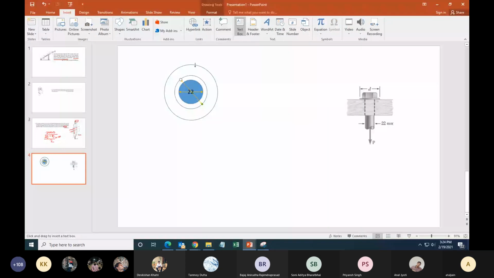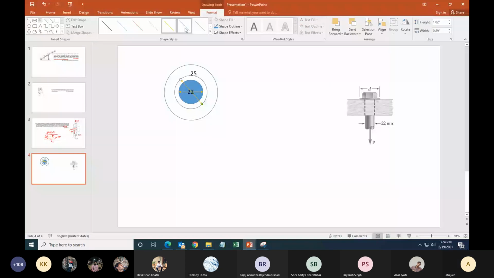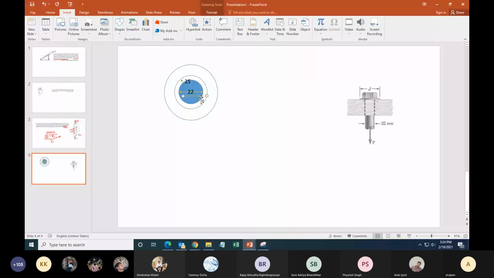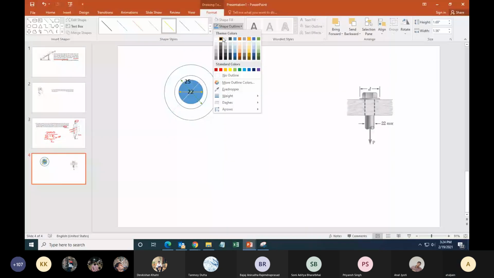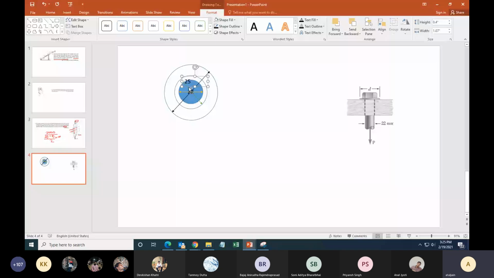This green arrow, let's make it green color. The green arrow is 25, and the black arrow is D. So now the question is, which area should we take?